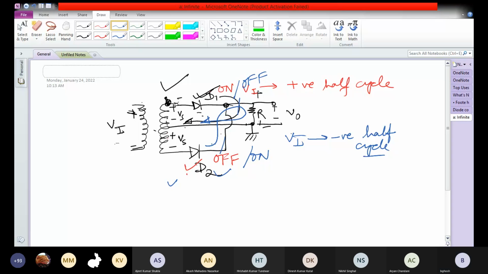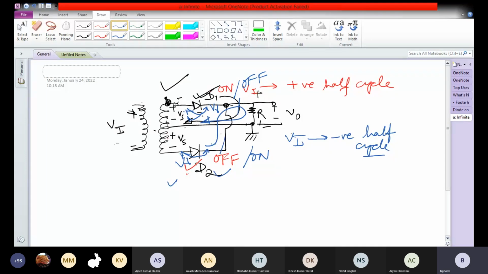Simple to understand. But there will be a drop of V gamma, because in either cycle there will be a drop of V gamma across diode D1 or diode D2, depending on which is on.